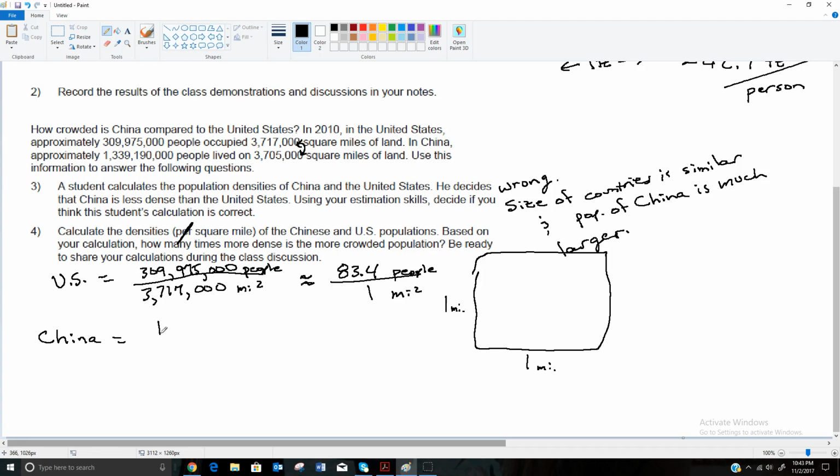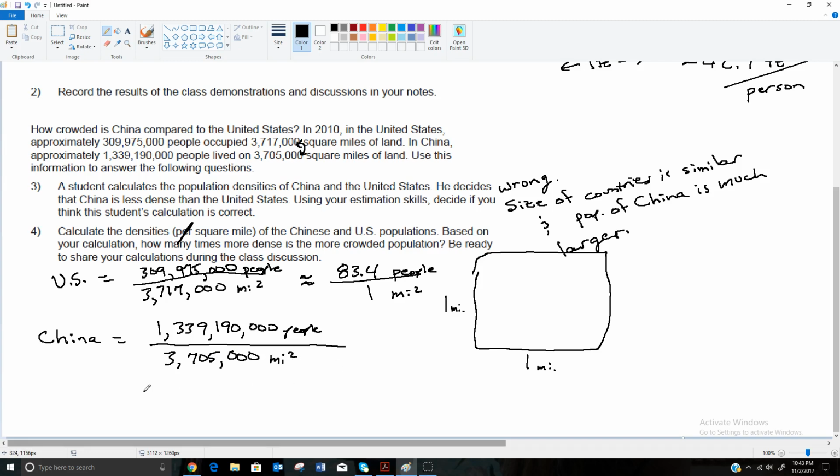China has 1,339,190,000 people for 3,705,000. Not sure if I said that right. 3,705,000 square miles.